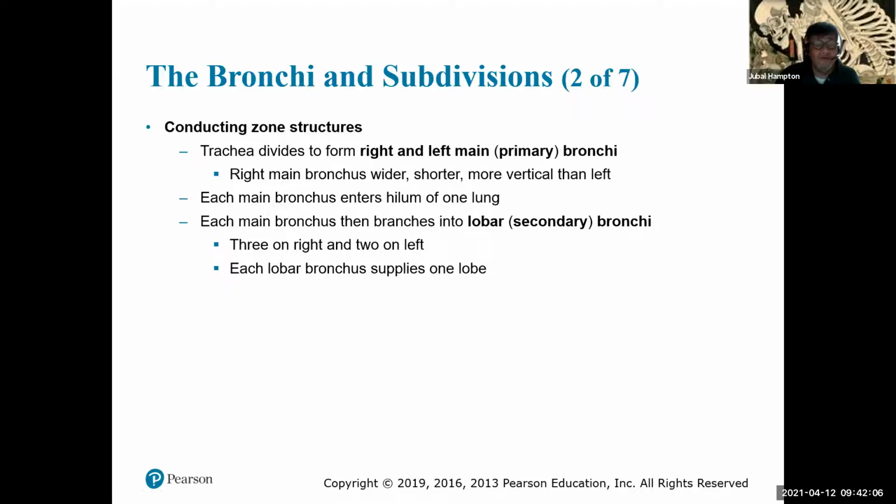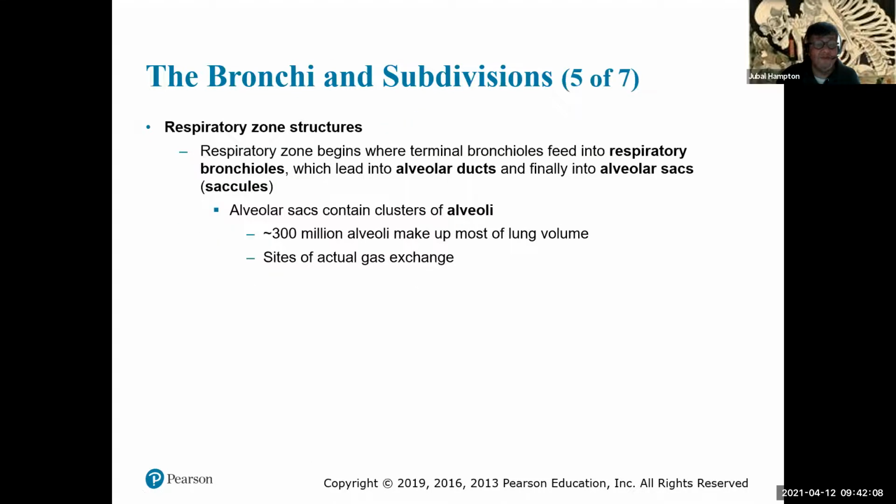All right, so we get further down to the respiratory zone. Now, after we've gone past the primary, secondary, and tertiary bronchi into the terminal bronchioles and the respiratory bronchioles, we begin to get into the alveolar ducts.